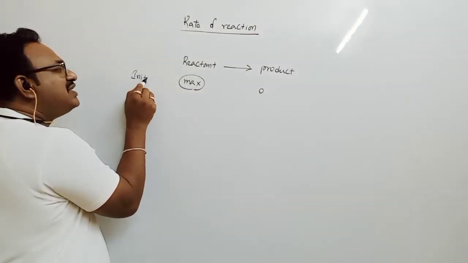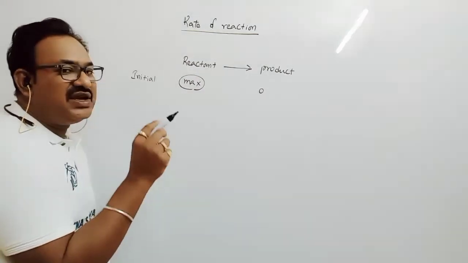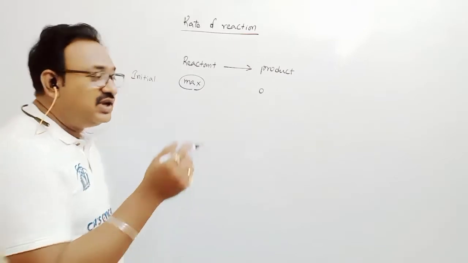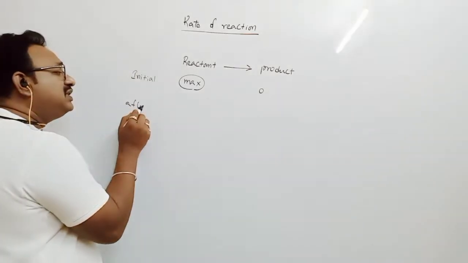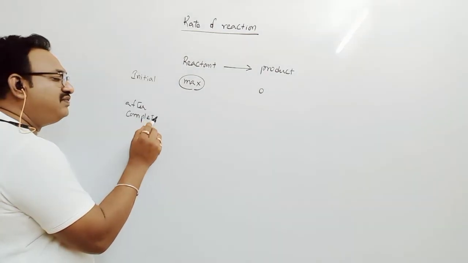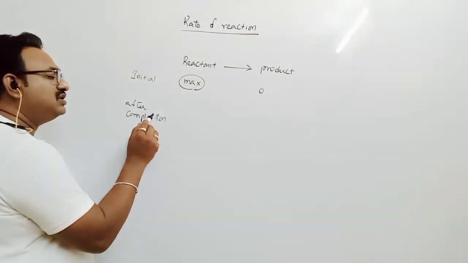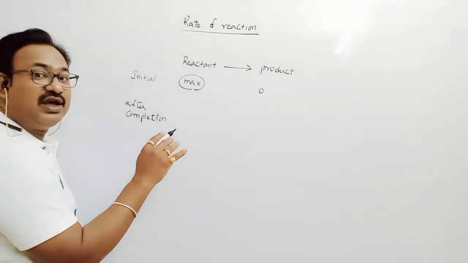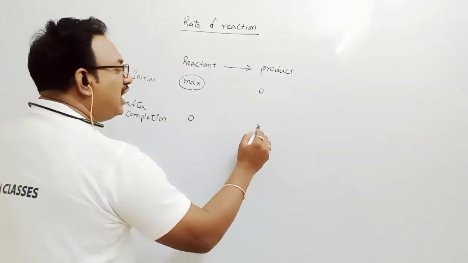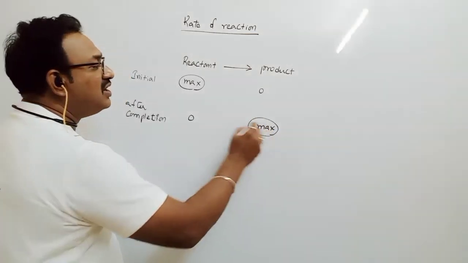At the initial, starting stage of the reaction, reactant is more, product is zero. Next, after completion of reaction, reactant becomes zero and product becomes maximum.